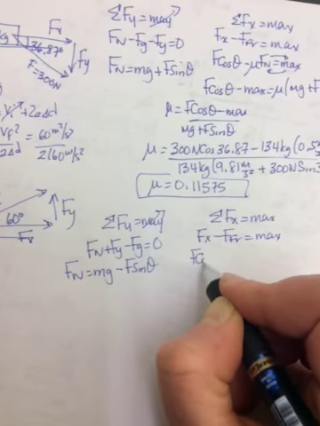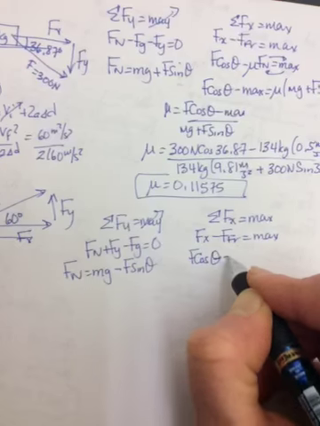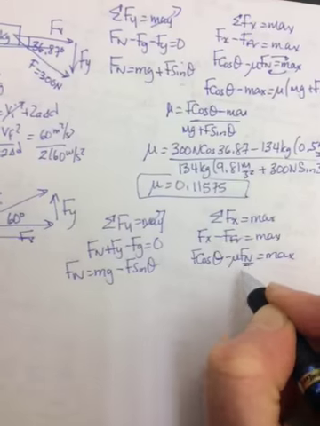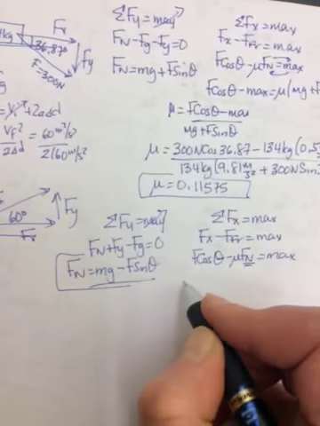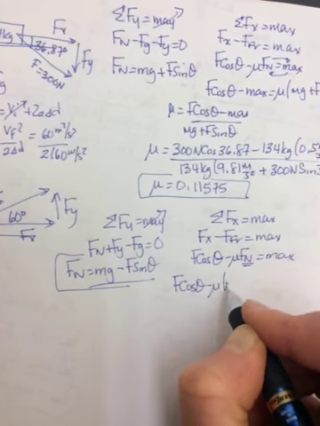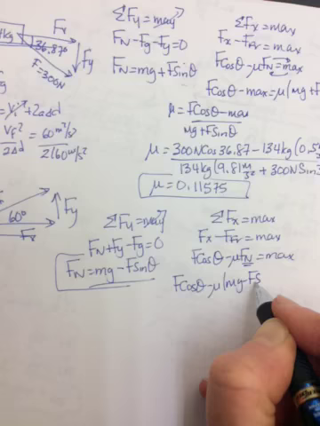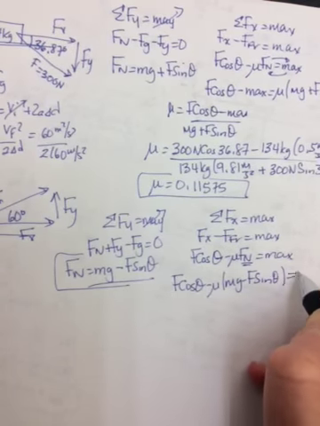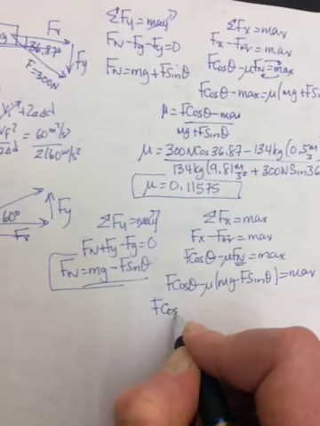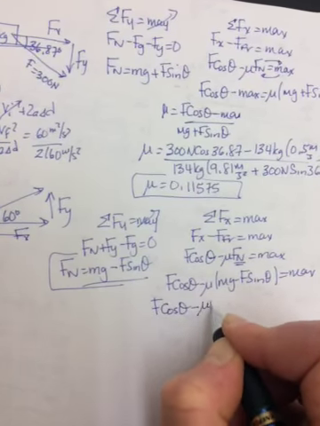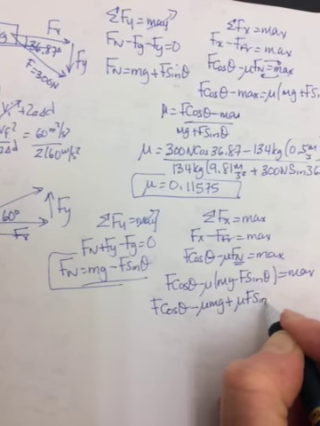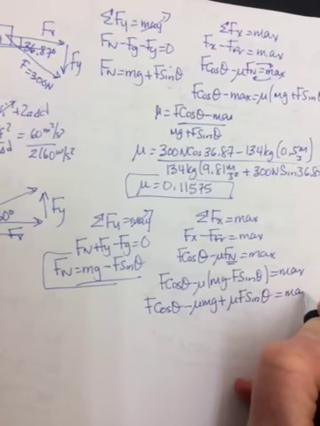So that's F cos theta minus mu Fn is equal to m a_x. But now where Fn is, we're going to fill in this. So it'll be F cos theta minus mu brackets mg minus F sine theta, close the brackets, equals m a_x. So you got an F stuck inside the bracket, so you need to multiply through to free it. So it'll be minus mu mg plus mu F sine theta is equal to m a_x.